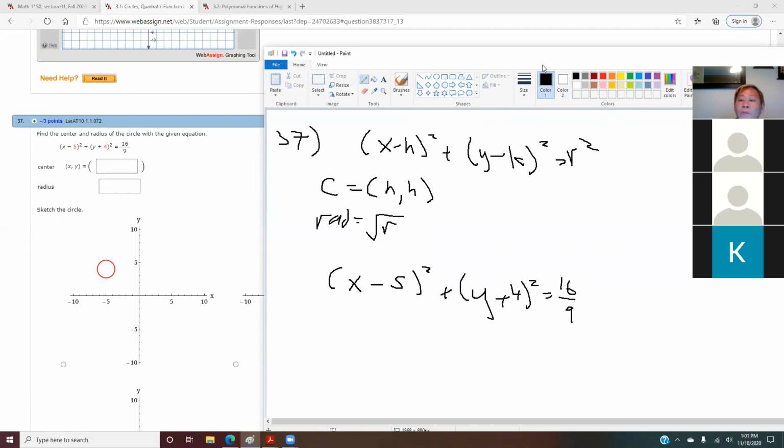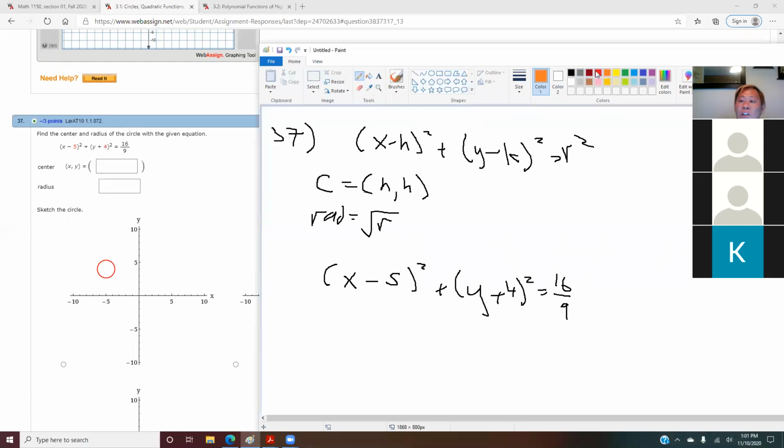We can figure out your center very easily, because this is your h and this is your k. And again, don't forget, in order for us to find your (h, k), both of these have to be the opposite sign. What I mean by opposite sign is if you have negative, it becomes positive. If you have a positive, it becomes negative.